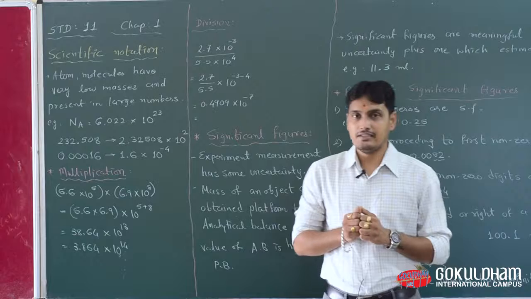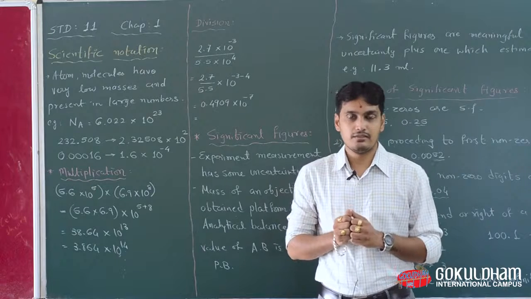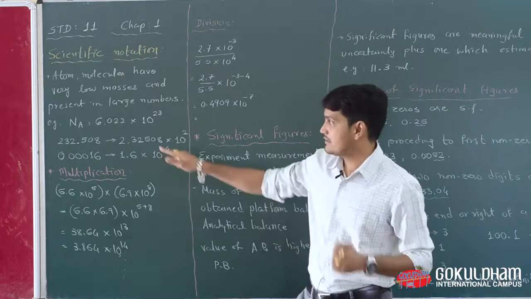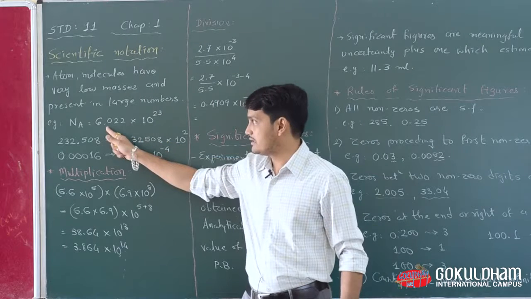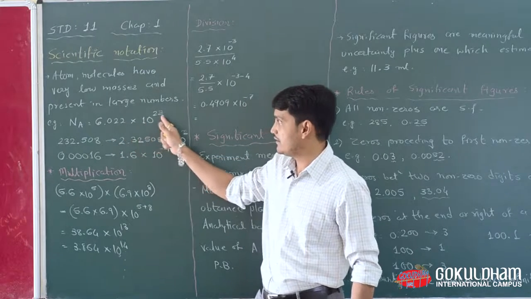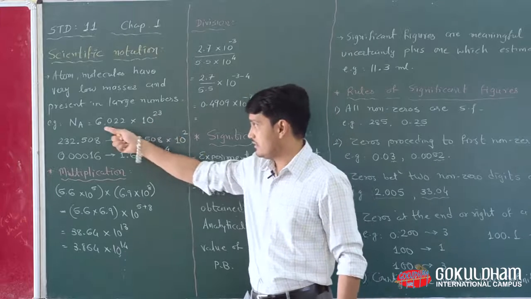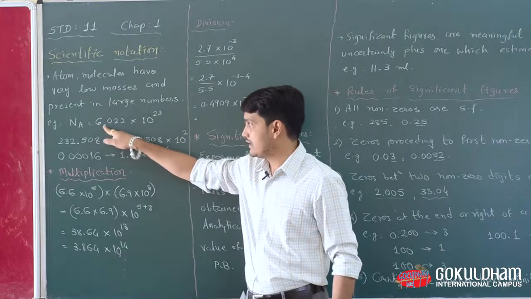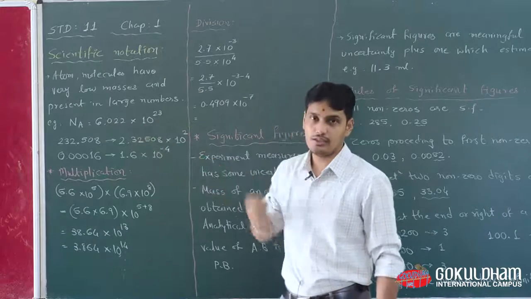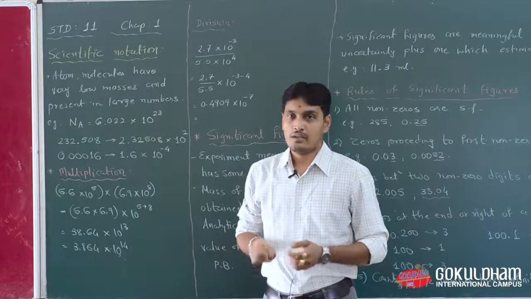Very large number means 1 mole of any substance will contain molecules equal to the Avogadro number, that is 6.022 into 10 raised to 23. This value is 6022 followed by another 20 zeros.